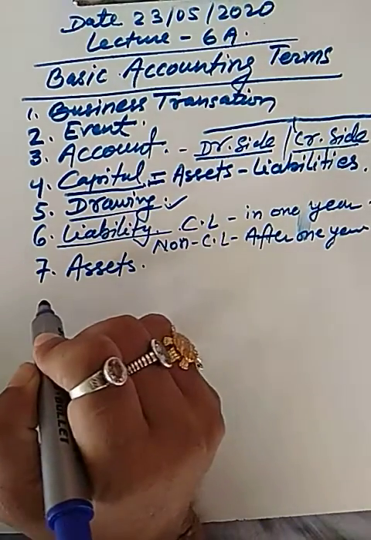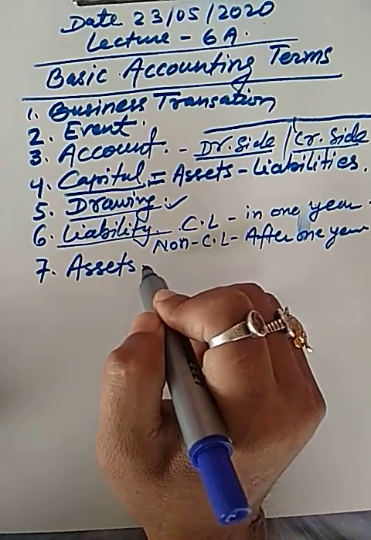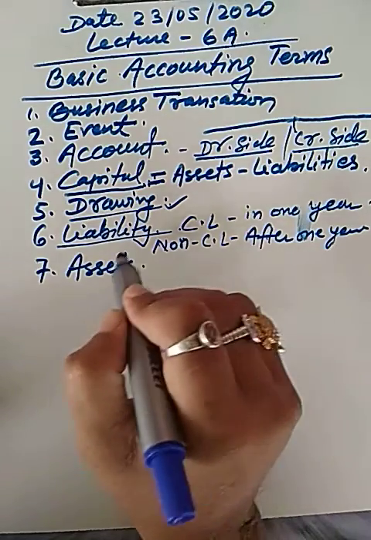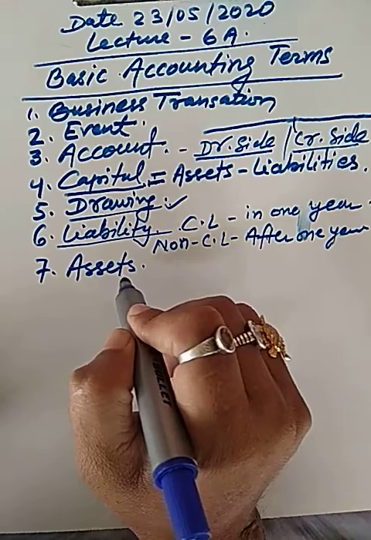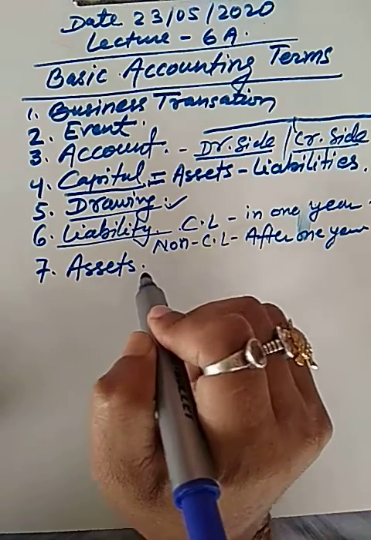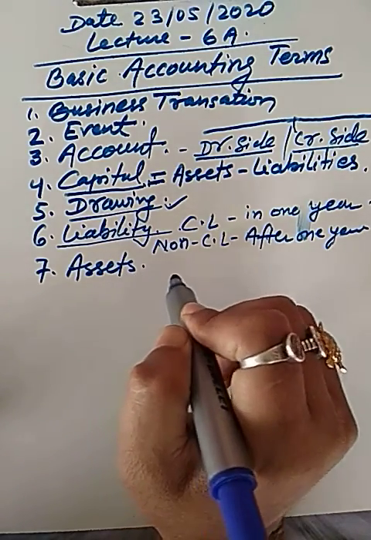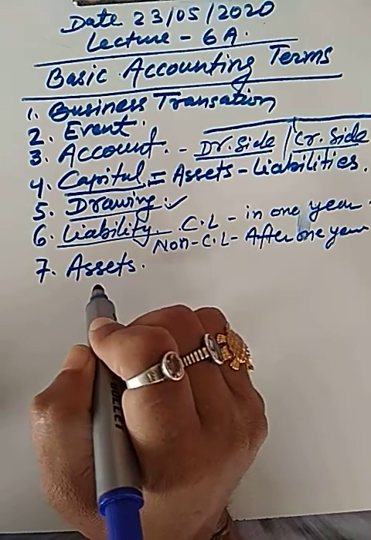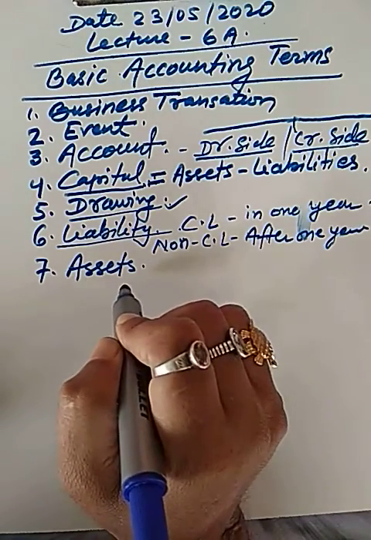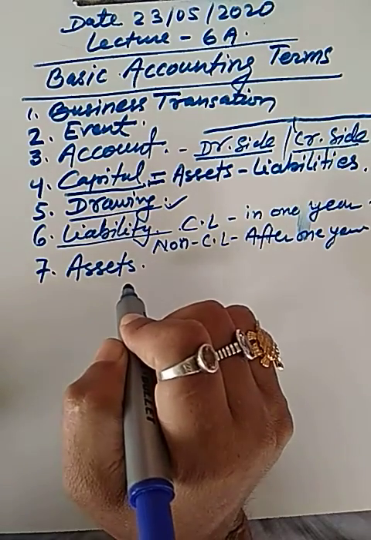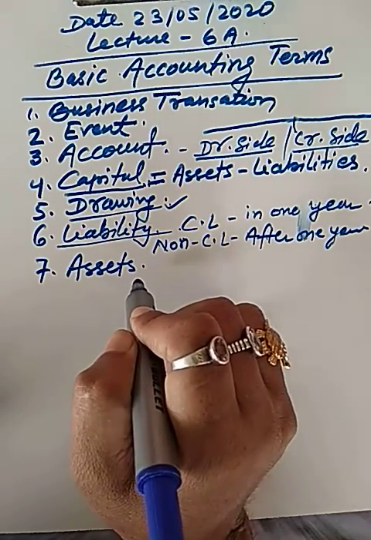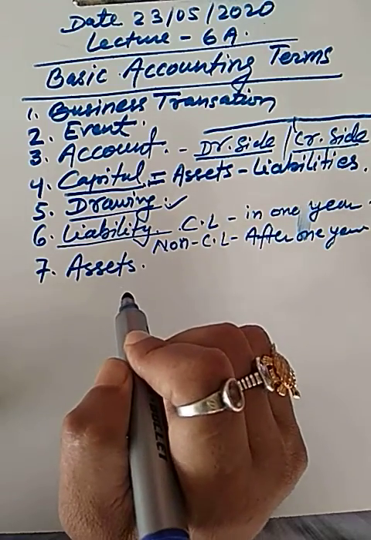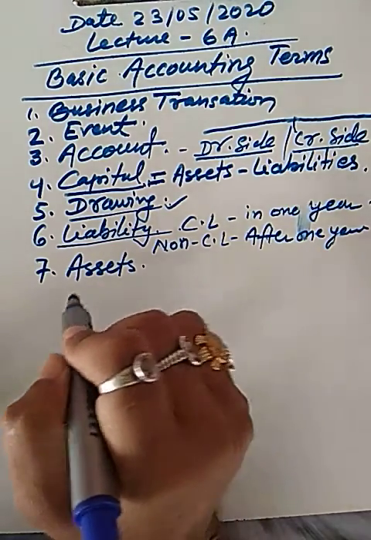Assets: anything which is in the possession or in the property of a business enterprise, including the amounts due to it from others, is called assets. In other words, anything which will enable a business enterprise to get cash or benefit in the future is an asset.